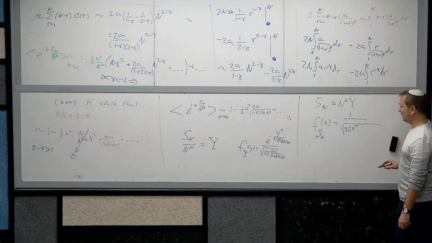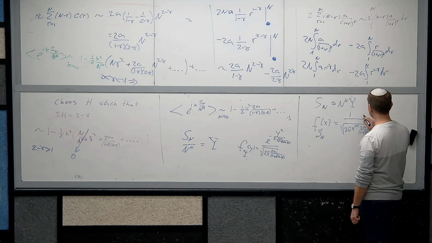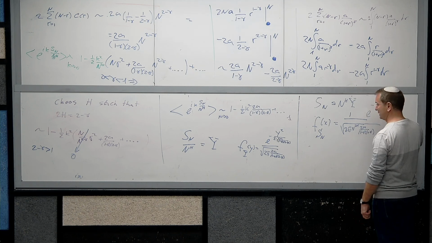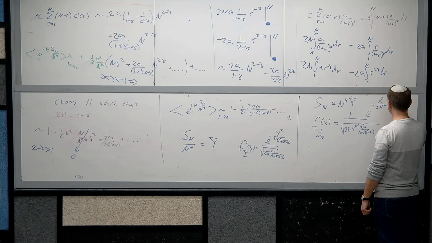All right? And I have 2a divided by (1 minus gamma)(2 minus gamma). And here I have e to the power minus x squared divided by 2, n to the power 2h multiplied by 2a divided by (1 minus gamma)(2 minus gamma).